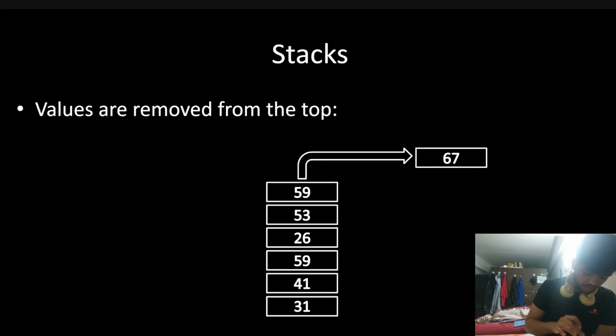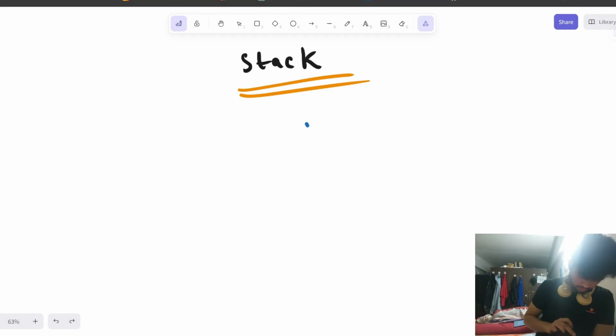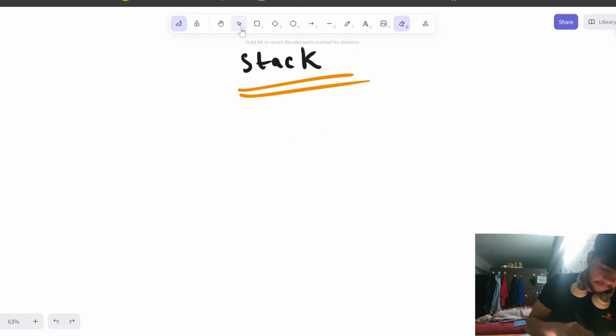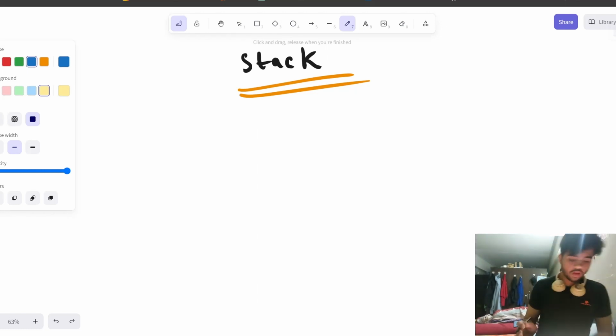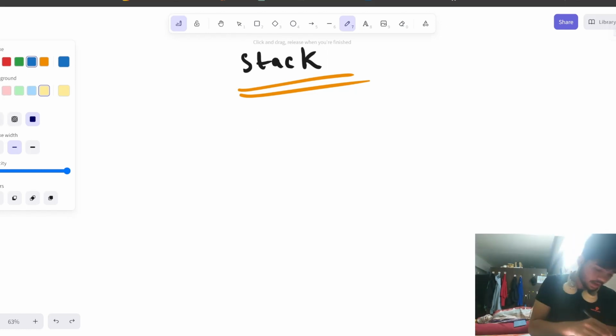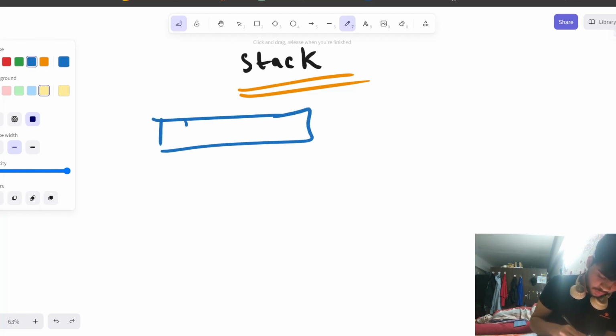Now let's understand the concept with an example. Let's take a stack that has four indexes named 0, 1, 2, 3.